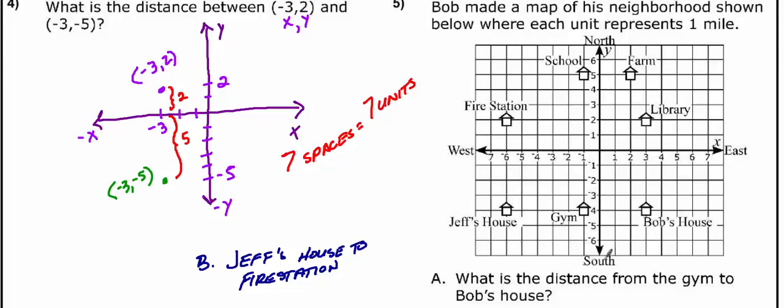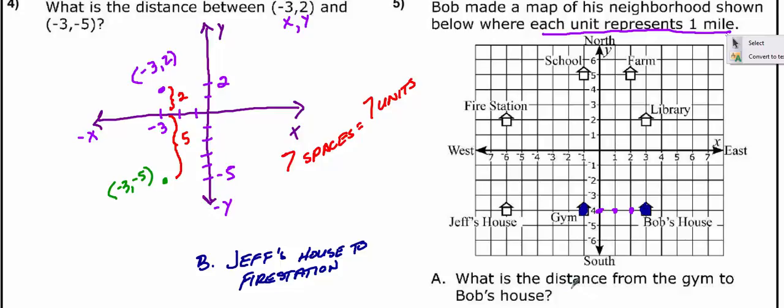So the distance from the gym to Bob's house, here's the gym, right down here. Here's Bob's house, right over here. And that distance is 1, 2, 3, 4 of these units. And they tell us that each unit, right up here, represents a mile.